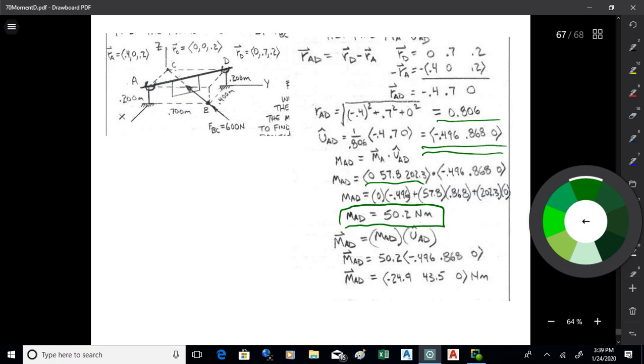And what I get is 50.2 Newton meters. So when that force contacts this little plate down here, it's going to cause a moment around that axis that has a magnitude of 50.2 Newton meters. If I want to convert that into a vector, I can take the magnitude, the 50.2, and multiply it by the unit vector from A to D.